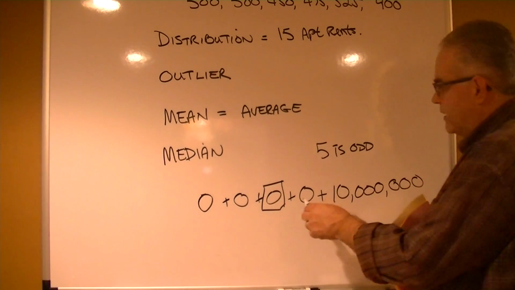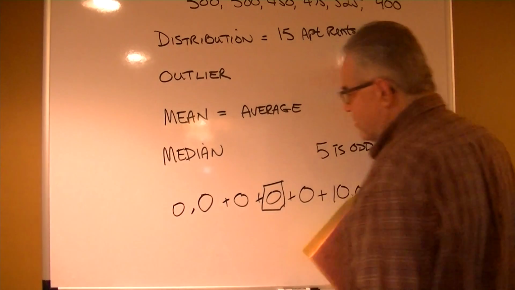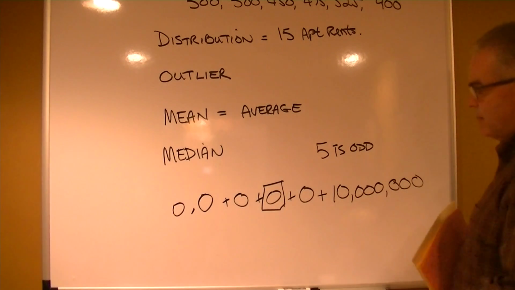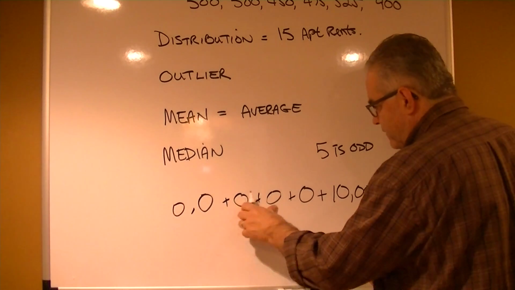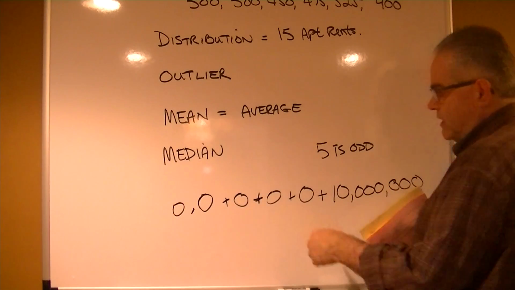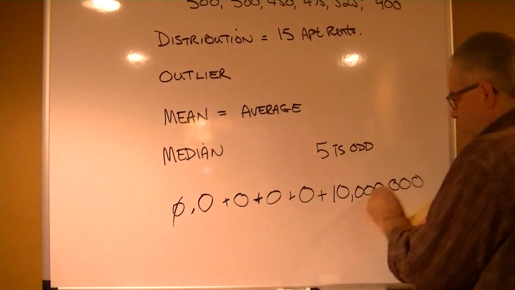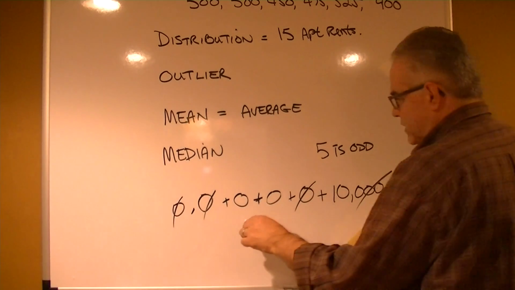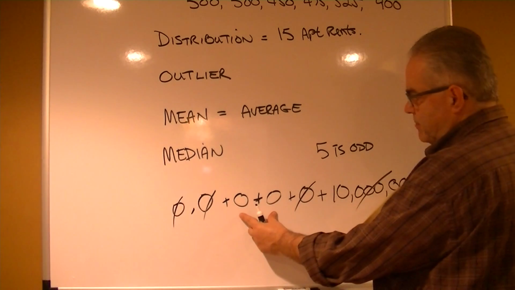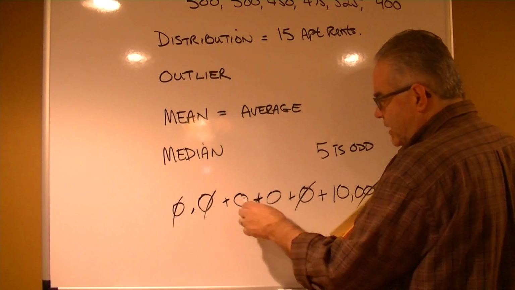If it's even, if I had 6 numbers, let's say back here I have another 0. If I have 6 numbers, meaning an even number of numbers, then I would have to take the 2 middle numbers. So in that case, I do it this way. Cross them off, 1 for 1. And then I say, oh, I have 2 in the middle. So then you take those 2 in the middle, add them together, and divide by 2.